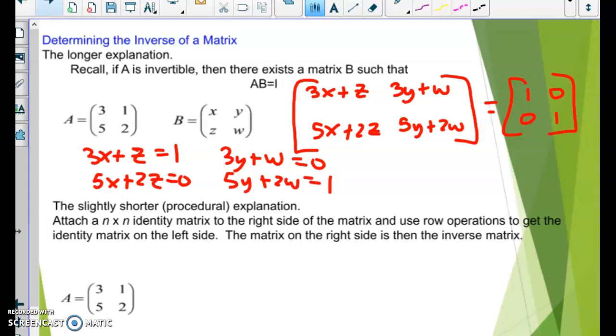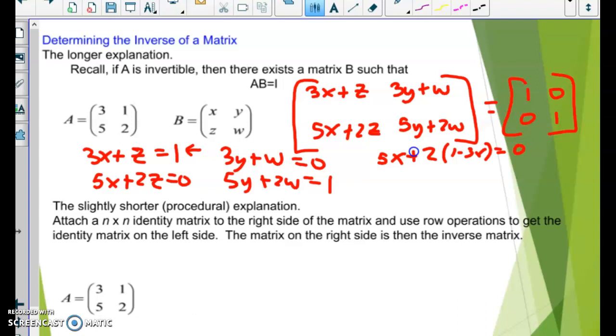Well, if I solve these equations, let's just solve for one of them, then I can just give you the others. Let's say I have 5x plus 2z equals 0. Now if I solve the first one for z, instead of writing z here, I can write 2 times 1 minus 3x is equal to 0.